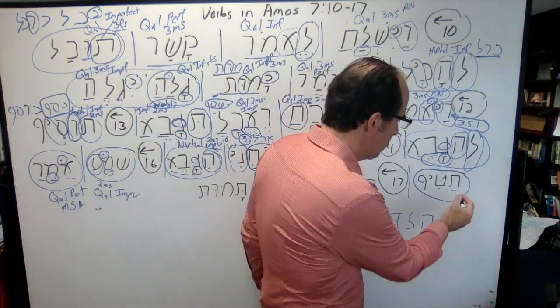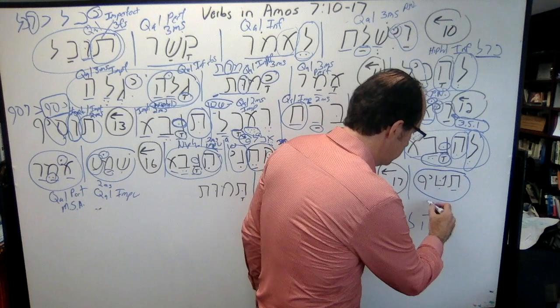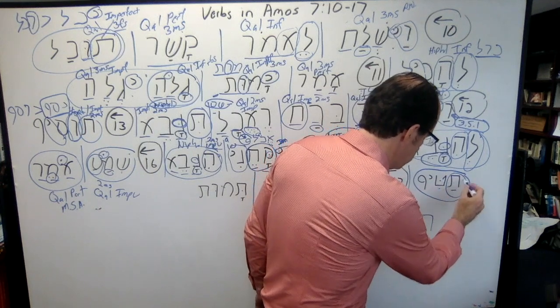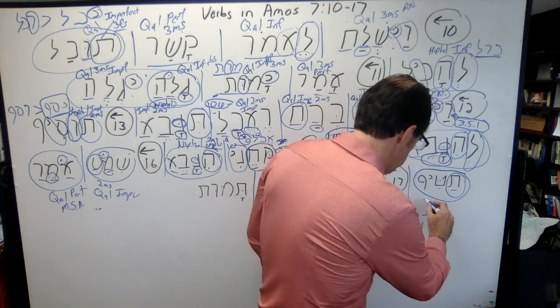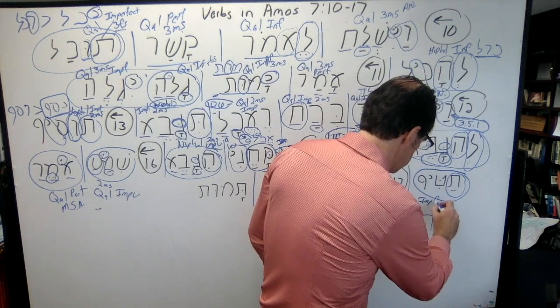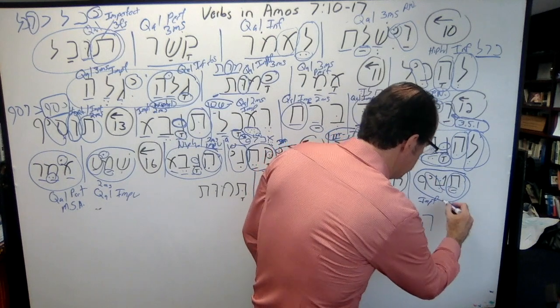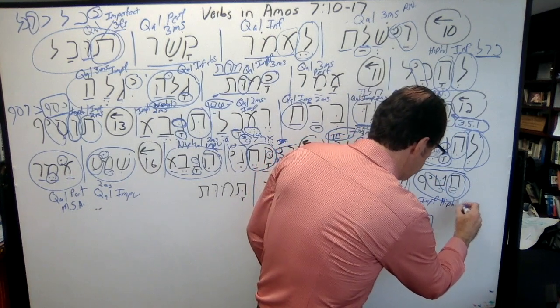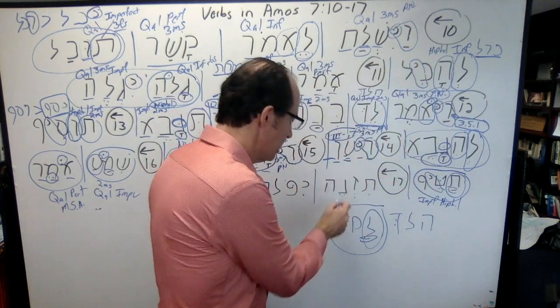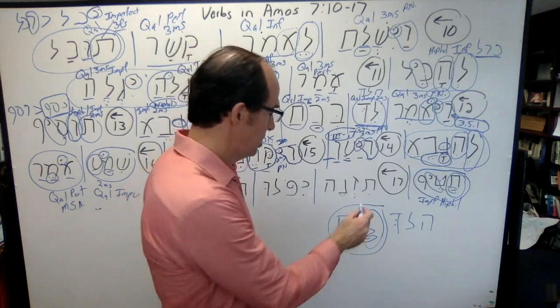Okay, and what do we have here? We have an imperfect, A-class vowel, Hirik Yod. This is a Hifil. Moving on to verse 17.